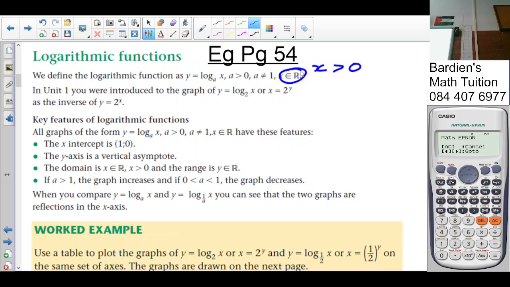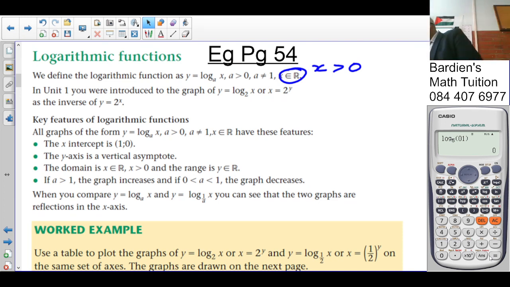So a log of 0 is 1. No, log of 1 is 0. Yes. Log of 1 is 0. So x has to be greater than 0.